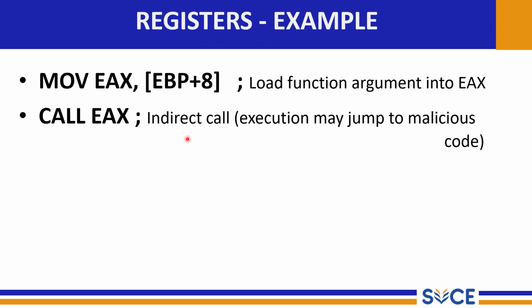EIP is the instruction pointer, the register containing the address of the instruction to be executed. If you are calling EAX, it may go to some malicious code or it may not, based on the program or the instructions you are passing.